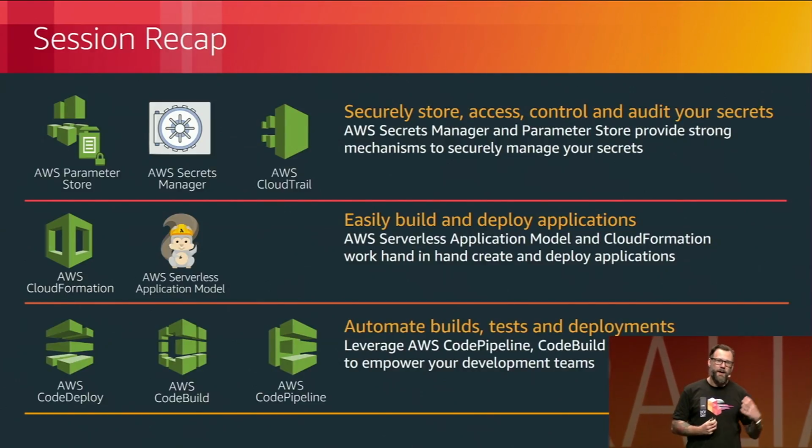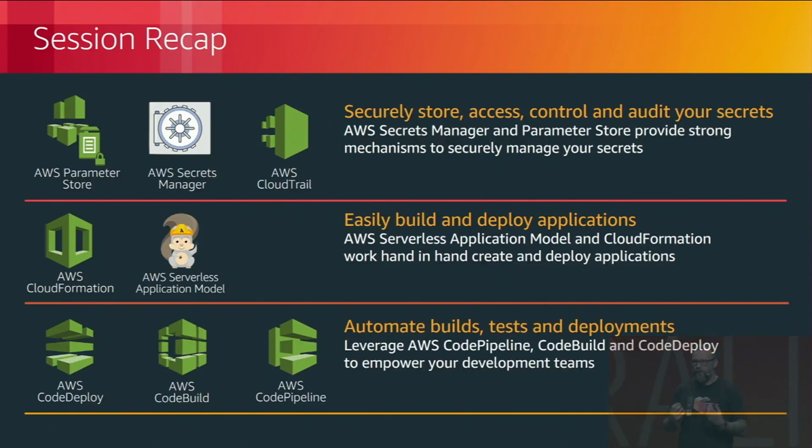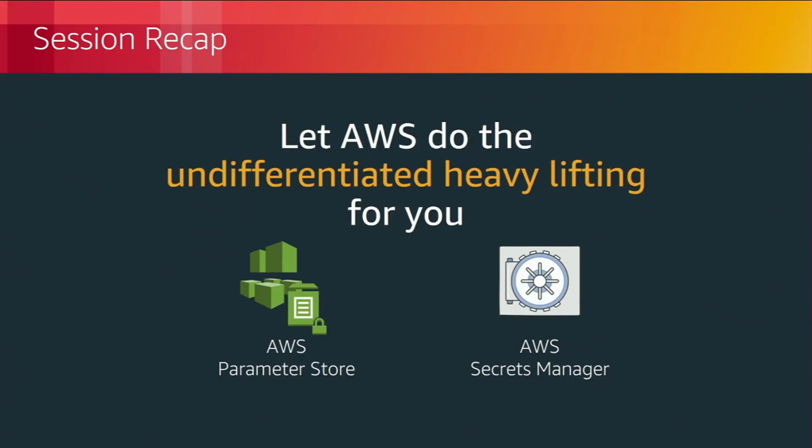And you can integrate into the way that we build applications using source control, pipelines, and CodeBuild. So let AWS do what we're really good at, and that's doing the undifferentiated heavy lifting, so you can focus on building amazing applications for your customers. Use Parameter Store, use Secrets Manager, and secrets will remain secret.